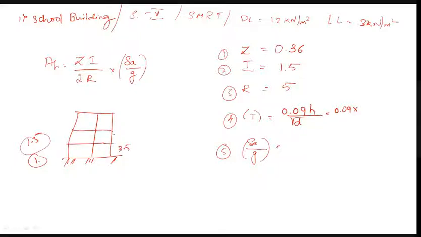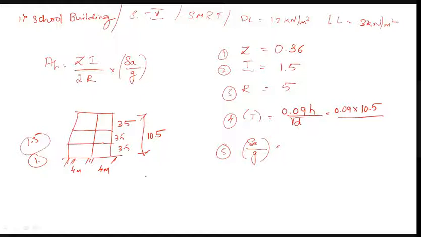The first floor height is 3.5, second floor height is 3.5 and 3.5. This was 4 meter and this was 4 meter, correct? So what is the total height here? 3.5 plus 3.5 plus, sorry, it is 10.5. Directly write down 10.5.